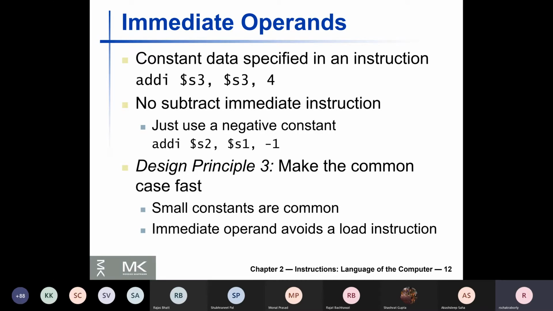But the non-trivial property is for the 2's complement thing, because in 2's complement, what is the representation of -1? Can I ask anybody? Sir, it will be all ones, right? So what you do, you look at the magnitude. Magnitude is 1.